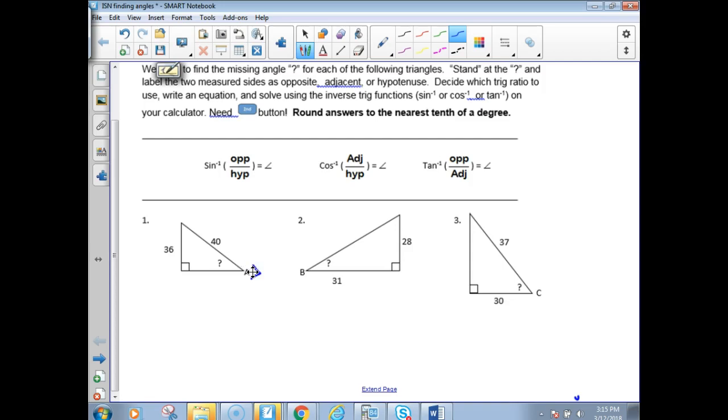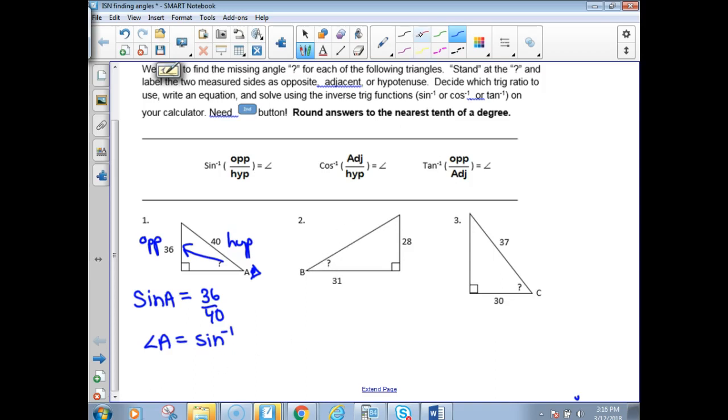Okay, so we would be looking from angle A. From there, the 36 is opposite, and the hypotenuse is the 40. So I've got opposite and hypotenuse, so I use the sine of angle A equals 36/40. This is what I typed to find angle A: second sine, and it will look like this.